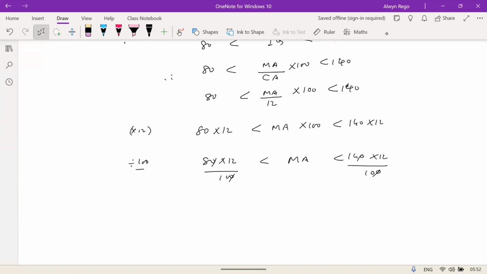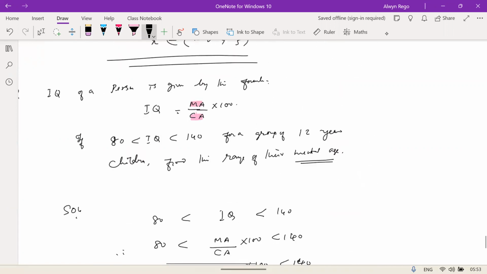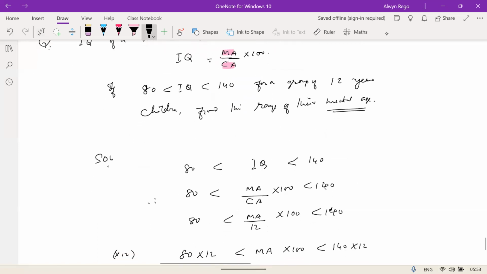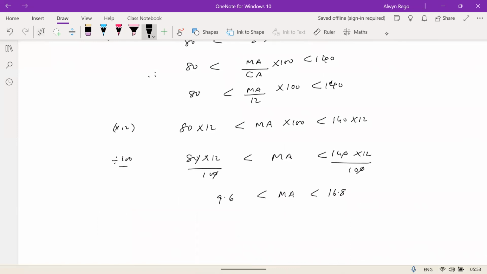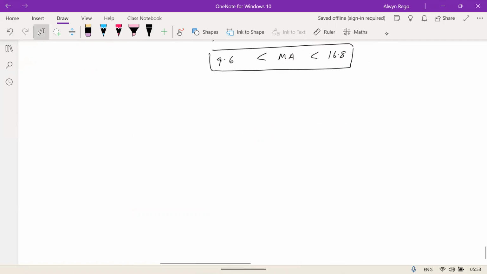Therefore, you find that 96 by 10 is 9.6, less than mental age, less than 16.8. Therefore, the mental age of the children is between 9.6 and 16.8 here.